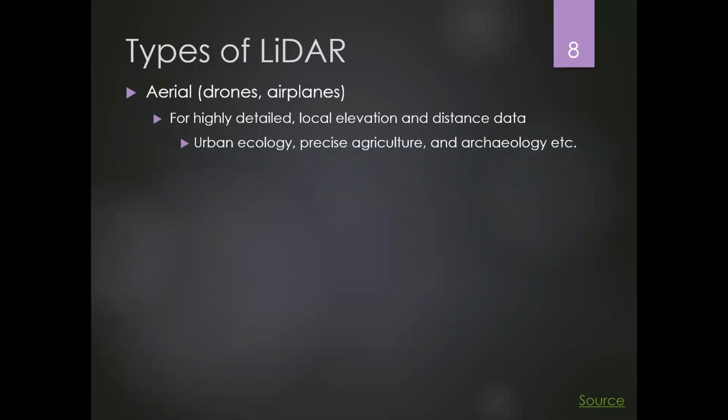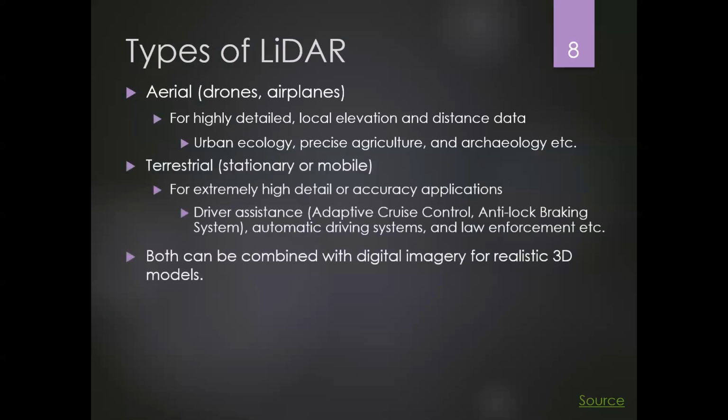So usually, if you're interested in urban ecology, for example, the distribution of grass and trees in urban areas, precision agriculture, where you want to know the health condition of your plants, you can use LiDAR. And archaeology research, etc.